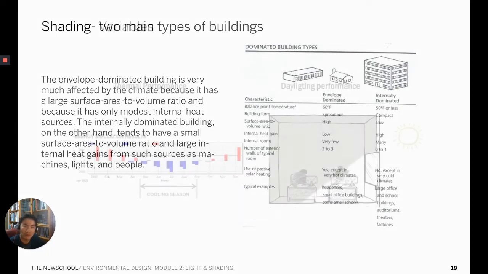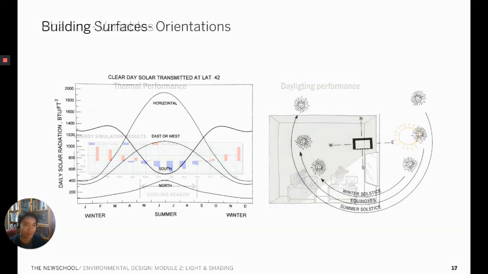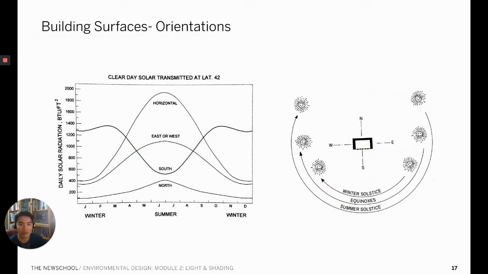of the globe. As we've discussed earlier, thermal performance should be considered in parallel with the daylight performance, and controlling these two variables at the same time requires intensive design effort. Orientation is a critical part of our shading design.